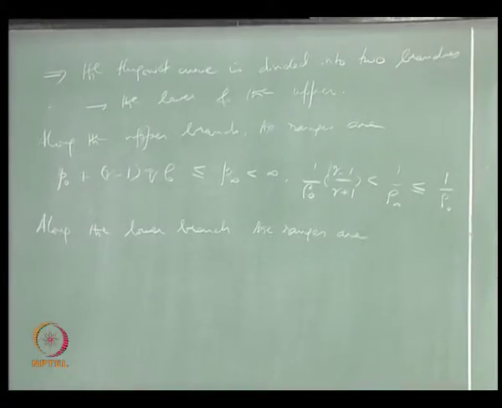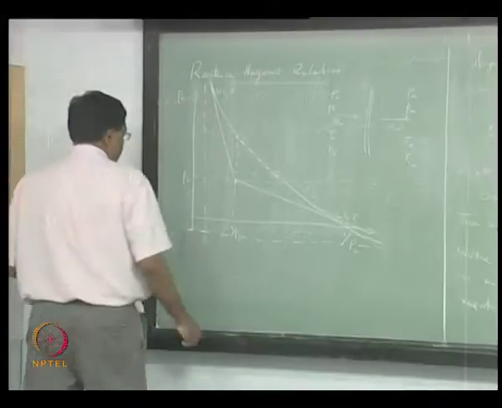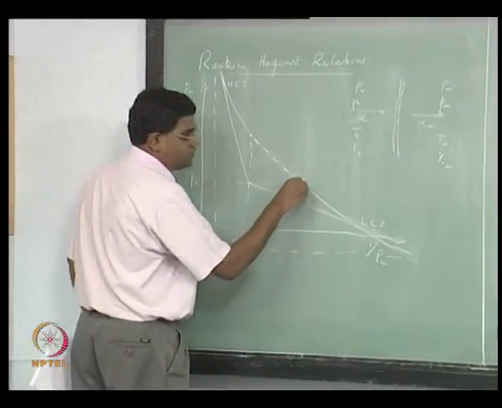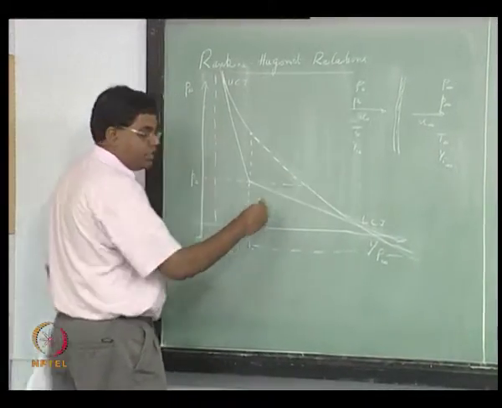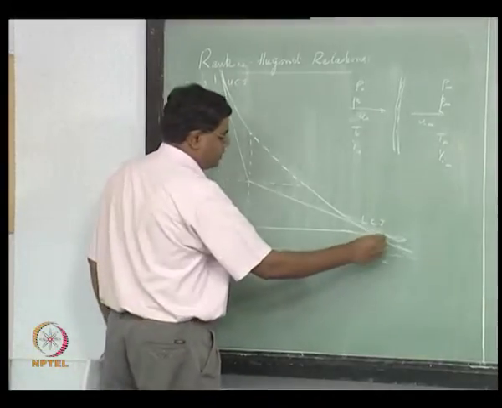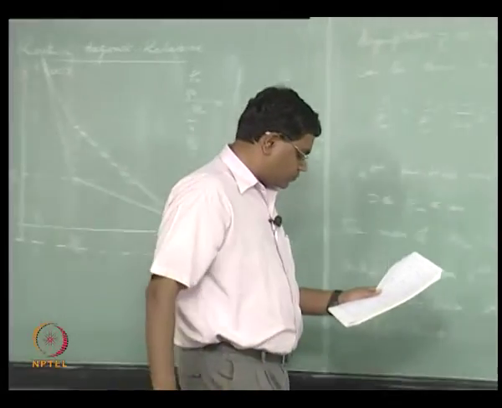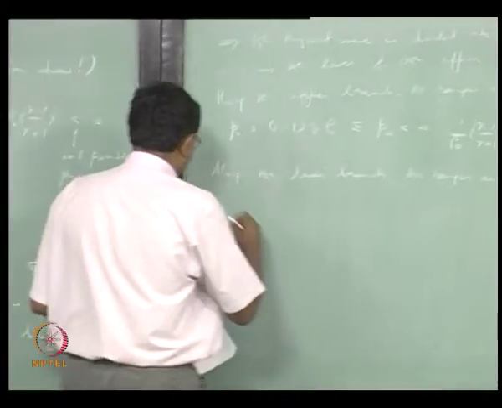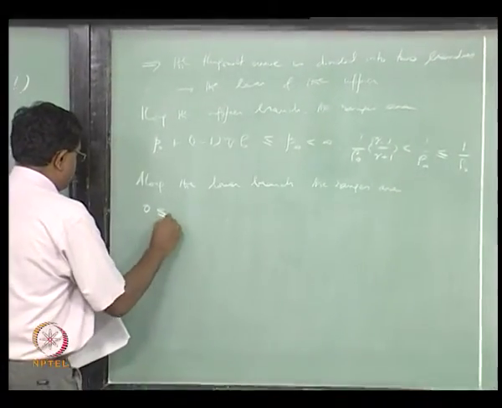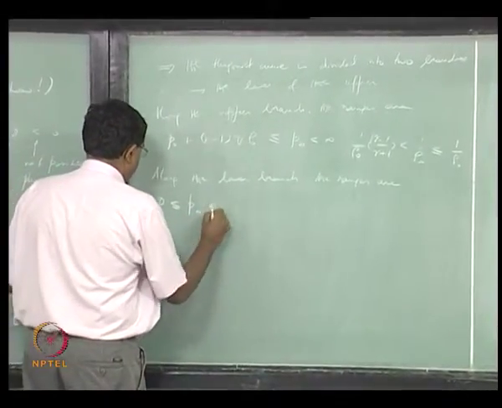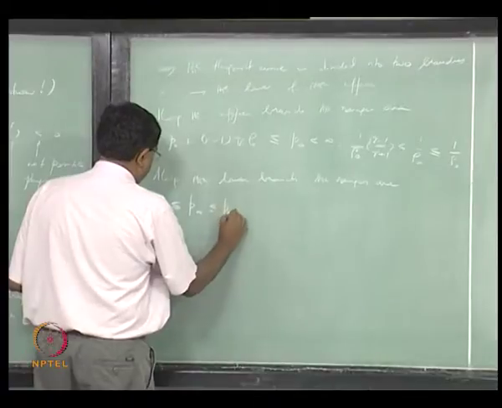Again, if you are now looking at P infinity, the highest value is P naught, and the lowest value is this, which is 0. Therefore it's going to go from 0 less than or equal to P infinity less than or equal to P naught.